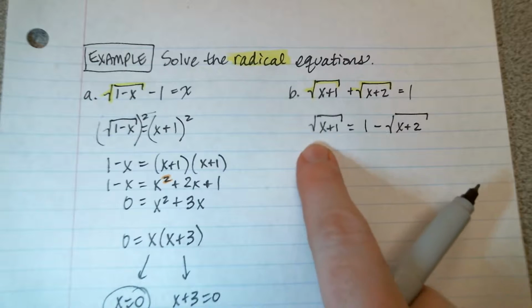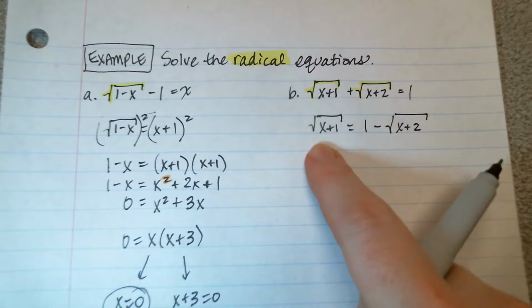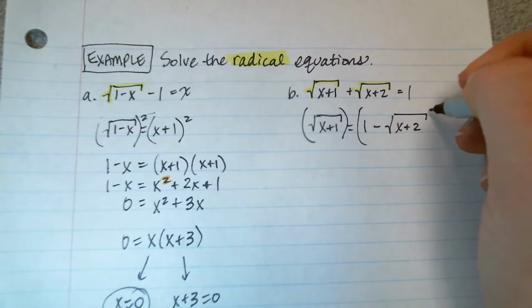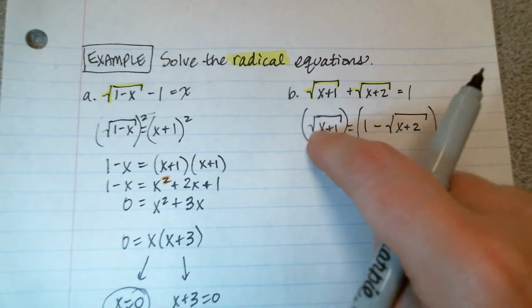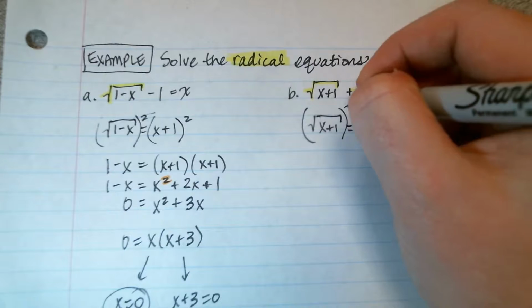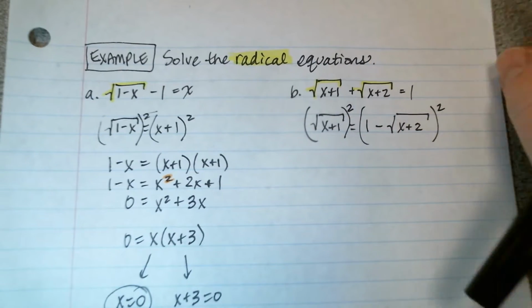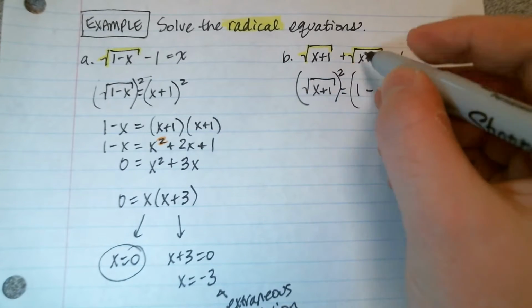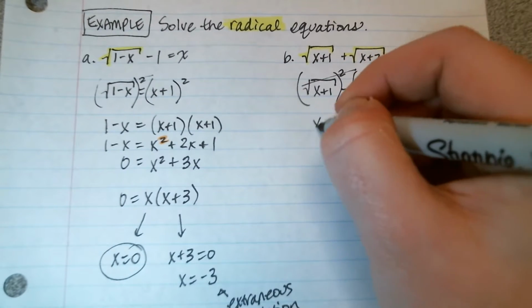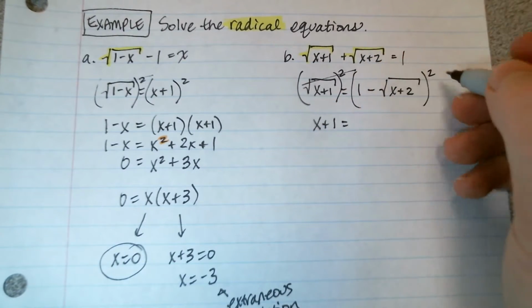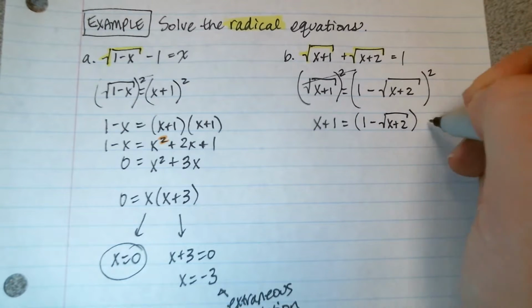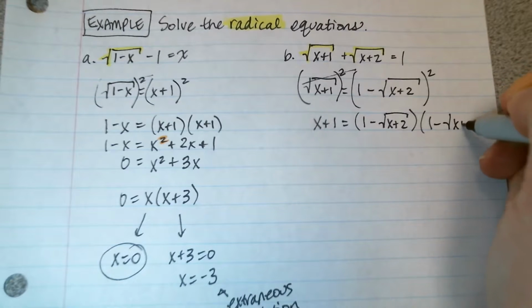Now that I've isolated one of the radicals, I'm going to raise both sides to an exponent. And that exponent depends on the index on your radical. Since this is a square root, I will square both sides. Remember, you must square the entire side. So over here on the left, the square and the square root will cancel. Over here on the right, I have to multiply this quantity by itself.